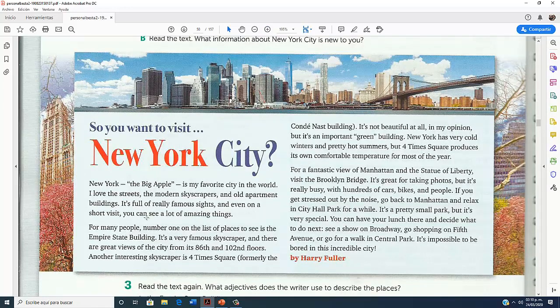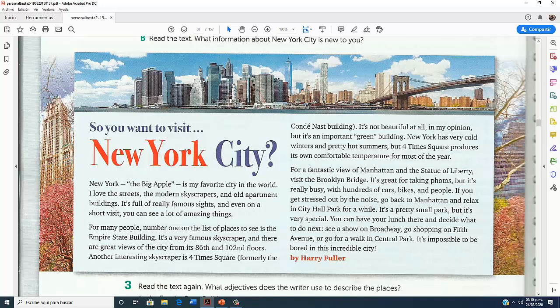New York City, the Big Apple, is my favorite city in the world. I love the streets, the modern skyscrapers. These are skyscrapers. This is a skyscraper. And all the apartment buildings. It's full of really famous sites.